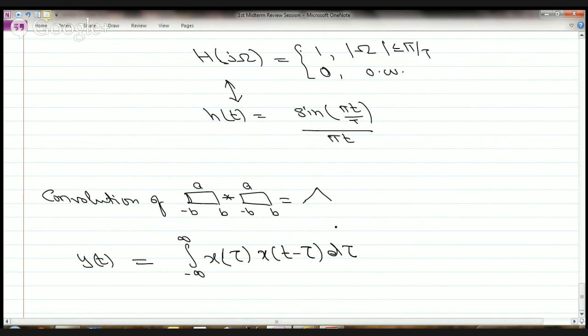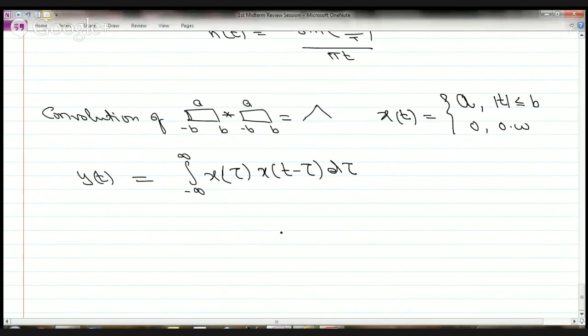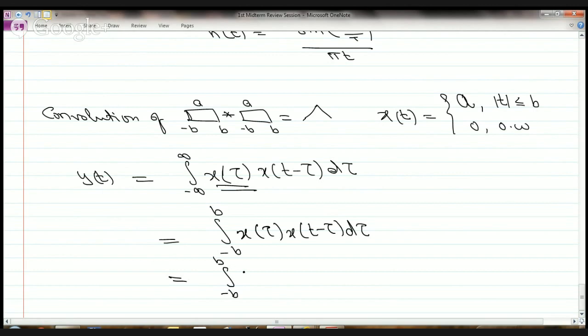I'm doing it in the time domain, by the way; it doesn't matter what variable you use. x of tau is zero beyond the limits of minus b to b, so I replace the limits. Then I can replace x of tau with A, and take the A outside: A times the integral from minus b to b of x of t minus tau d tau.